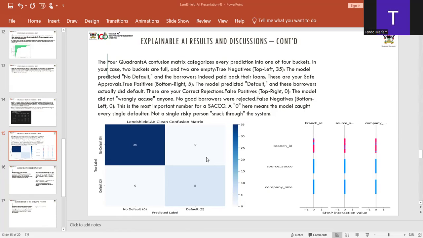So with the conclusion, with explainable AI, the model basically categorizes people according to those that will default, those that won't default, and those that are not eligible to get the loans.